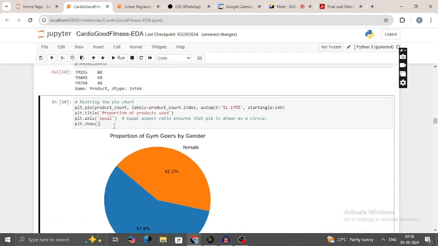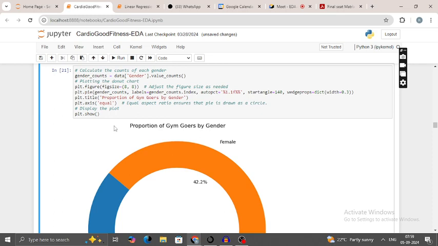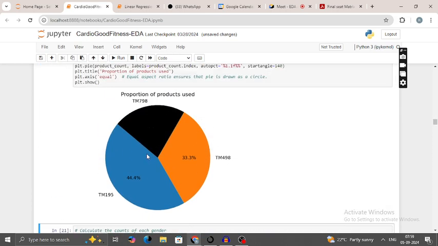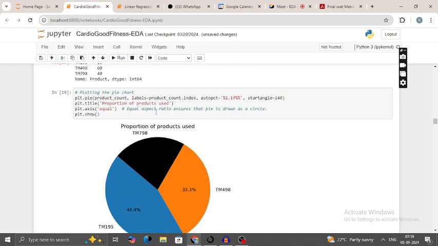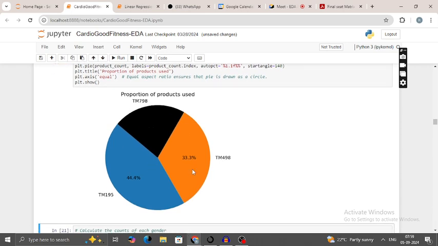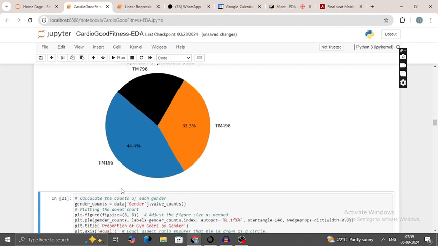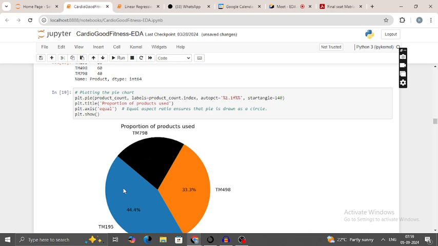Let us see. See, this is what happened. Yeah, product count you got, proportion of products used, TM798, 22%, 33%, 44%. All these things you can do in your Power BI or your Excel or Tableau, or whatever reporting tool you have.